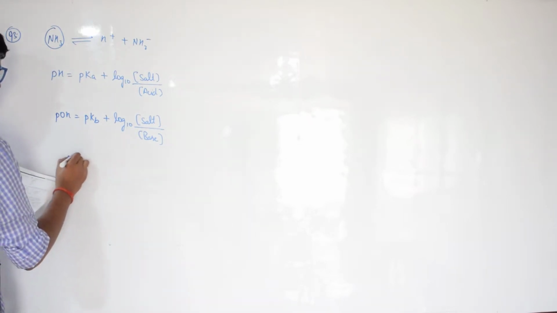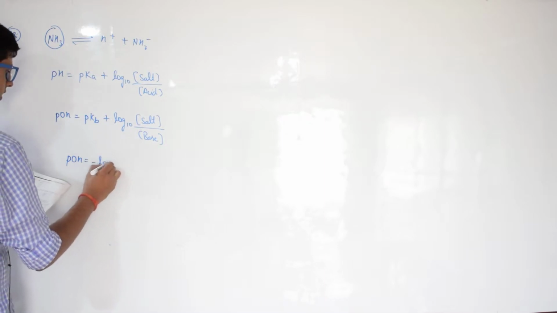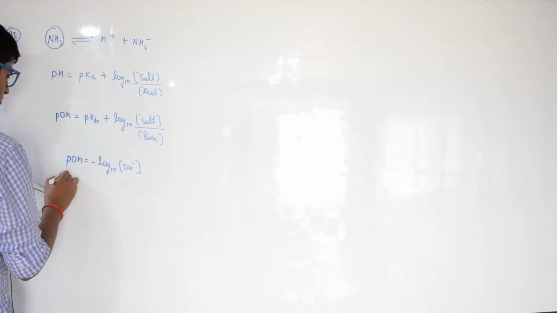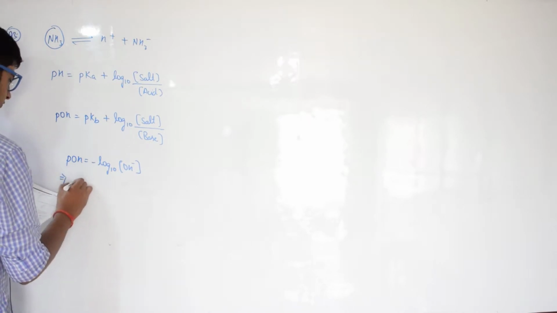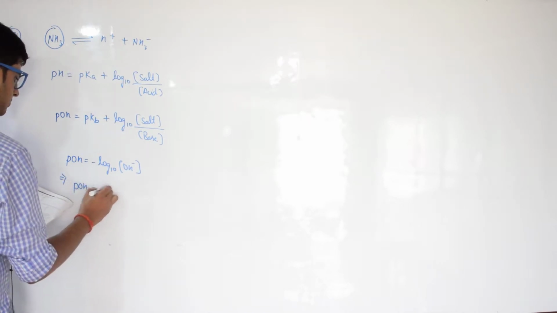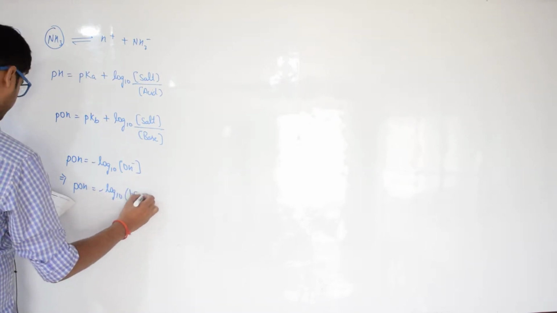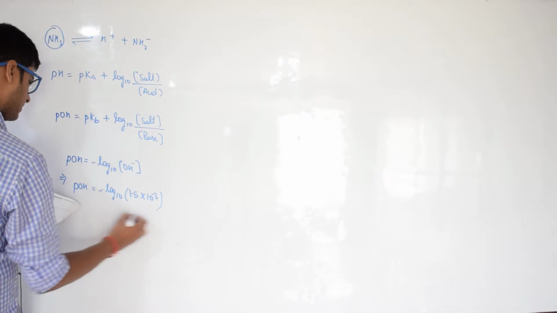The value of pOH can be calculated as minus log 10 concentration of OH minus ion, which is given as 1.5 into 10 raised to the power minus 3.